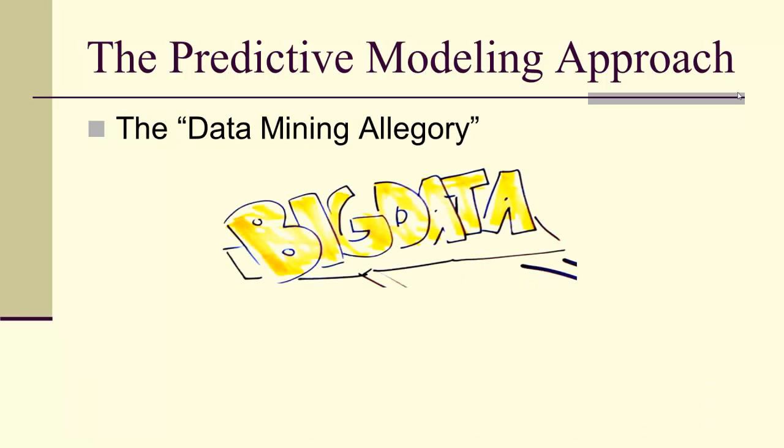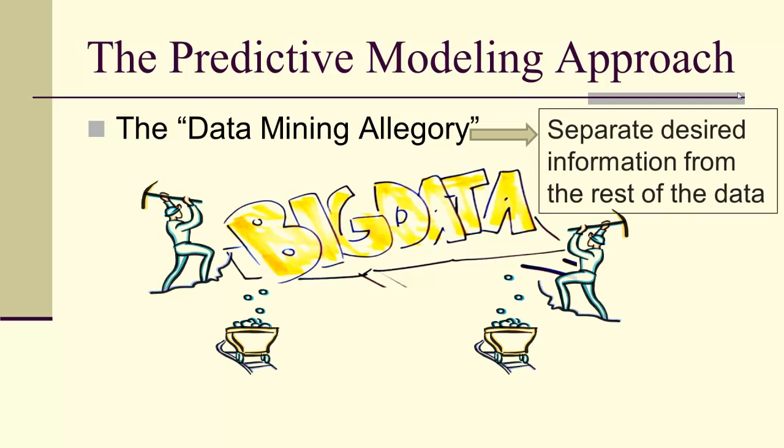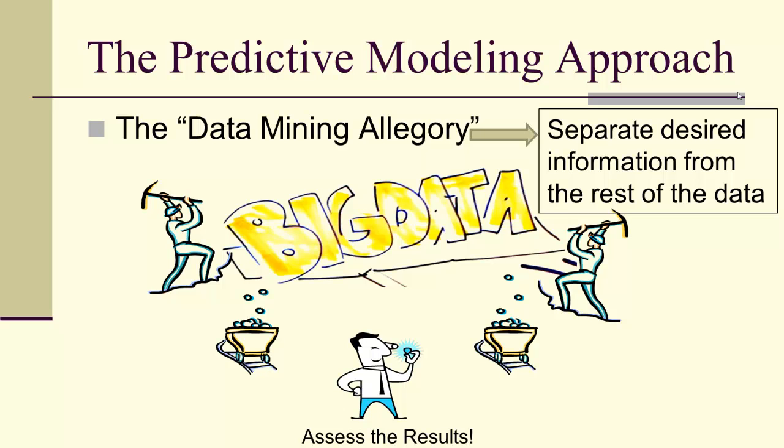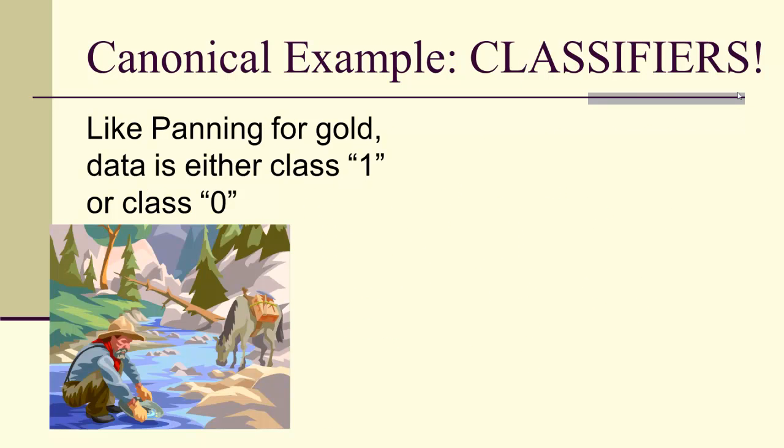And then, once we've pre-processed and are ready to actually get information, we use the data mining allegory, which is that we're mining big data in the sense that we want to get desirable information from the rest of the data. And once we've done so, of course, we'll want to assess the results.